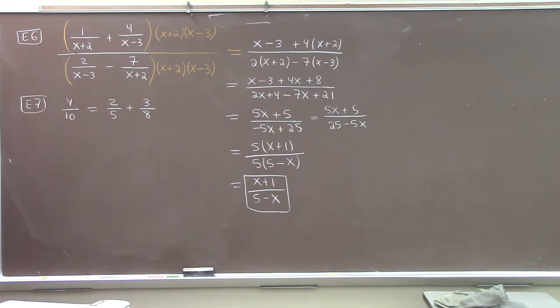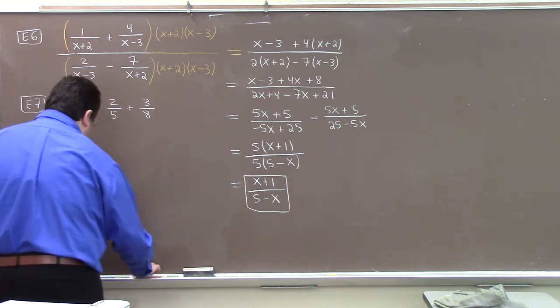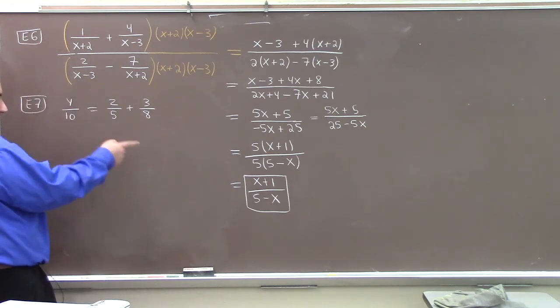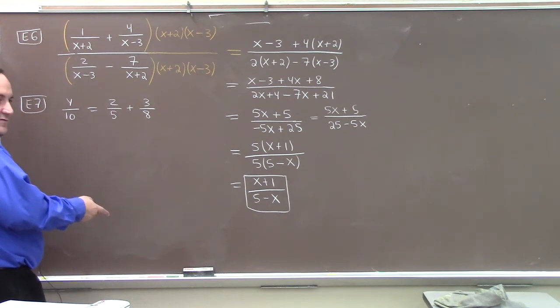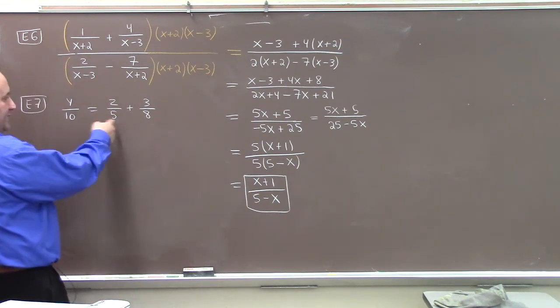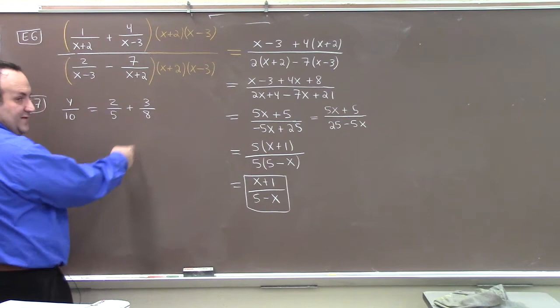What I do when I see something like this is I let my hatred of fractions guide my steps. I think to myself, what number can I multiply this equation by to annihilate all of the fractions, to get rid of them? What jumps off the page at me here is that if I multiply by 40, it's going to do the trick. Because 40 over 10 is 4, 40 over 5 is 8, 40 over 8 is 5.